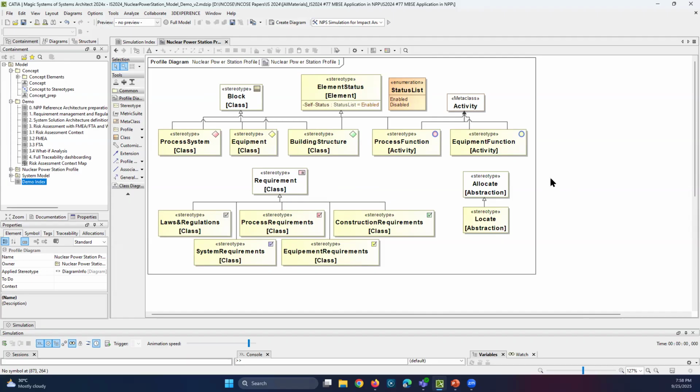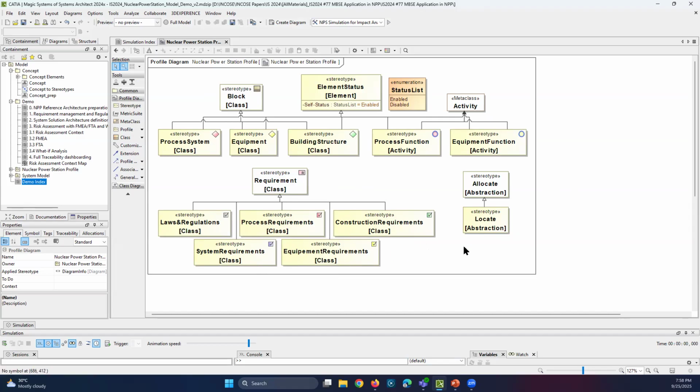So in this case, we introduce a number of different types of requirements based on the ontology that we just built earlier. You can see that we are able to extend the SysML standard requirement into law and regulations, process requirements, construction requirements, and so on and so forth.